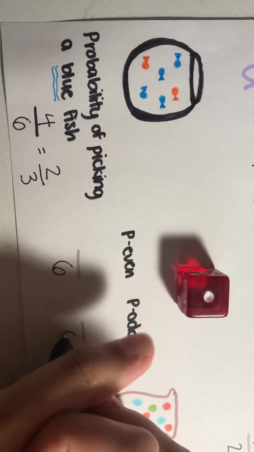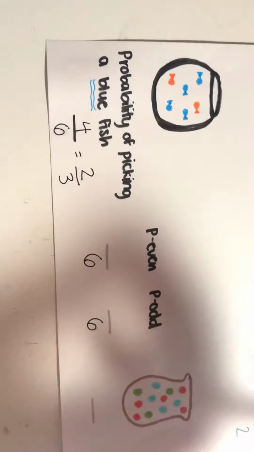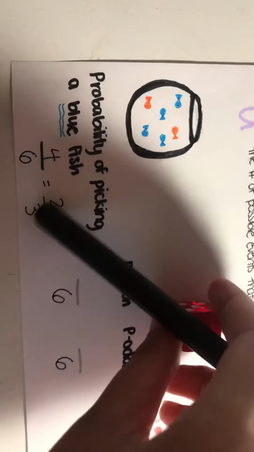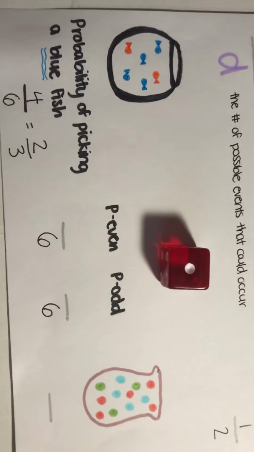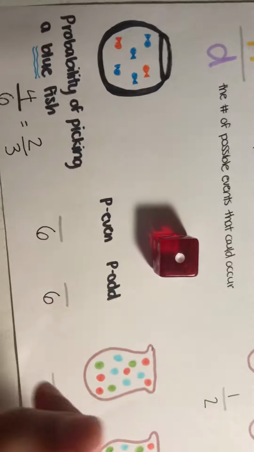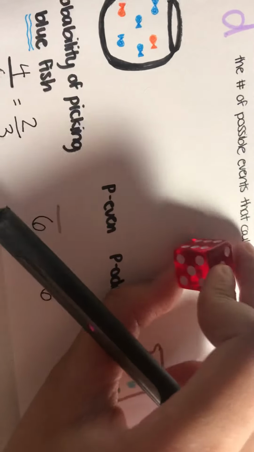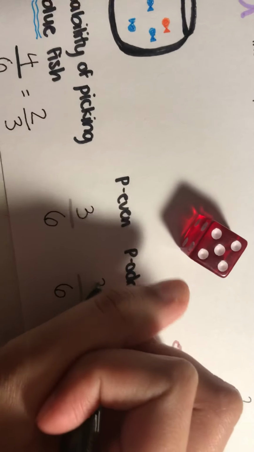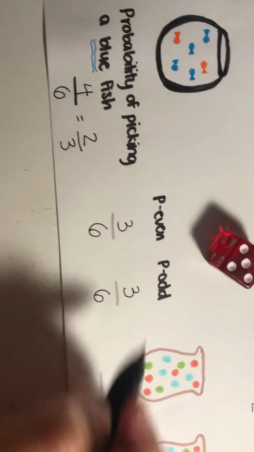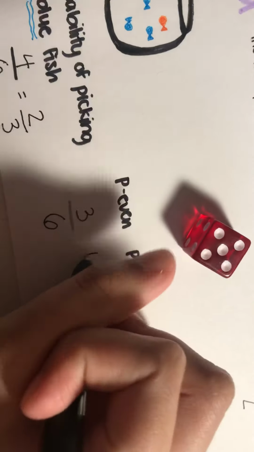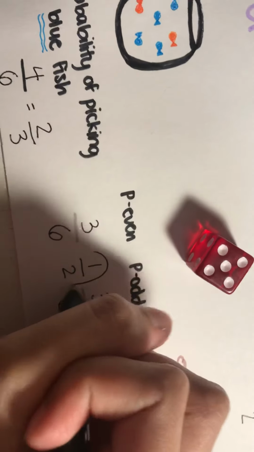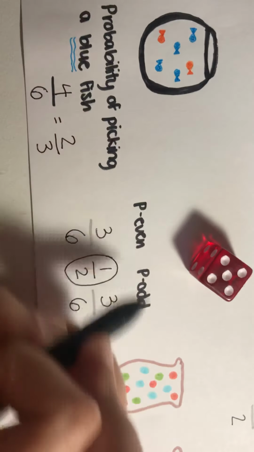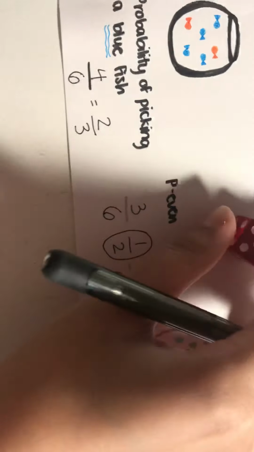And same with odd, because either way we'd have 6 numbers that possibly could come from rolling a dice. For probability of even, you would know that there's only 3 even numbers, so it would be 3 out of 6. And same with odd, because the other 3 are odd. So 3 out of 6 can be simplified to 1/2. So the probability of getting either an even number or an odd number is 1/2.